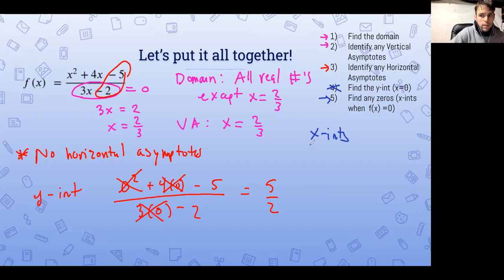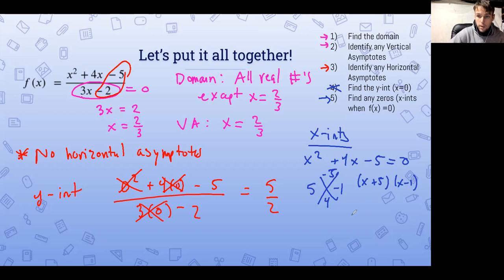Okay, x-intercepts, that's when the numerator equals 0. x squared plus 4x minus 5 equals 0. Okay, factor this: we need two numbers that multiply to -5 and add to 4. +5, -1: (x plus 5)(x minus 1). Opposites of those are going to be our x-intercepts. So x equals -5, x equals 1.